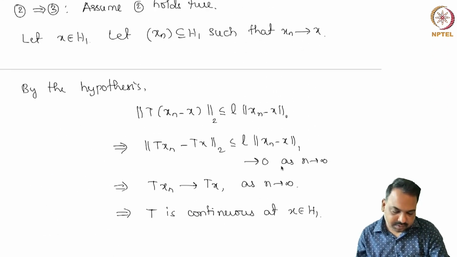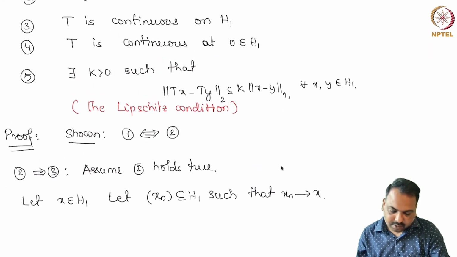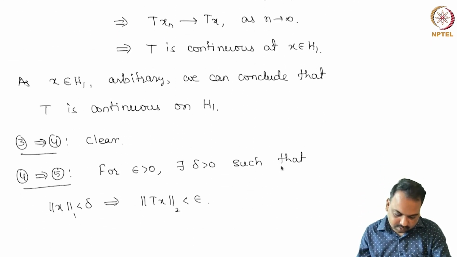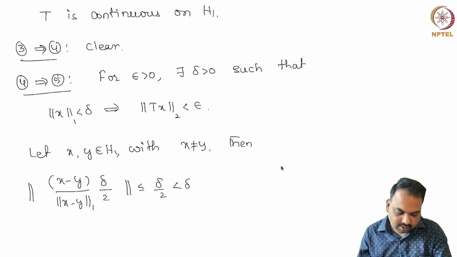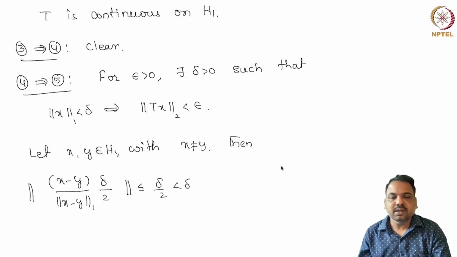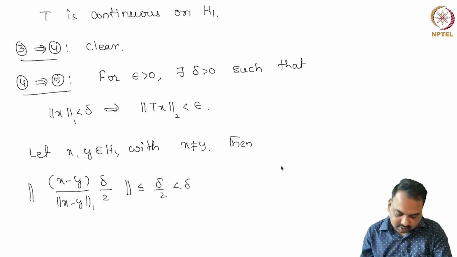Now we know that whenever the norm of x is less than delta, then the corresponding norm of the image is less than epsilon. So for this element, let me call this star.